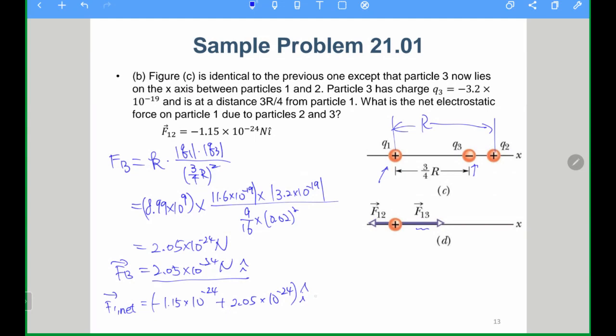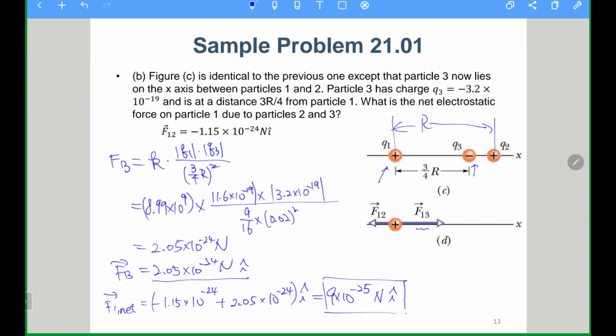Okay, so the answer will be 9 times 10 to the minus 25, because part of the force is cancelled. So this is 9 times 10 to the minus 25 Newton i hat. Okay, so this is the net force acting on particle 1.